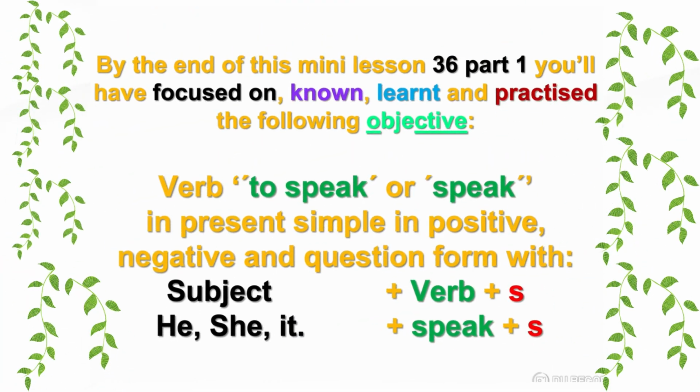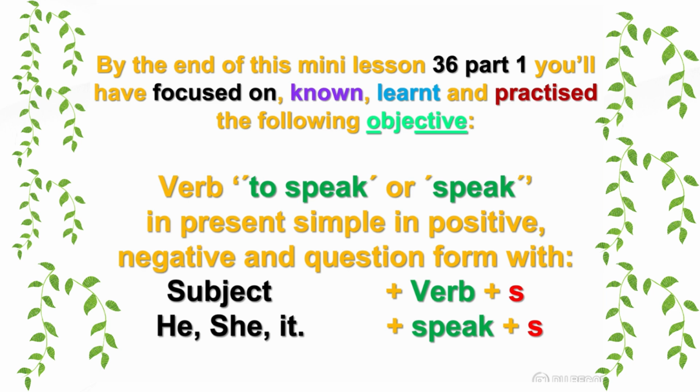By the end of this mini lesson 36 part 1, you will have focused on, learned and practiced the following objective: the verb to speak, or speak, in present simple, in positive, negative and question form. This is the rule: subject plus verb plus s. So he speak, if we say he speak, it's not correct.